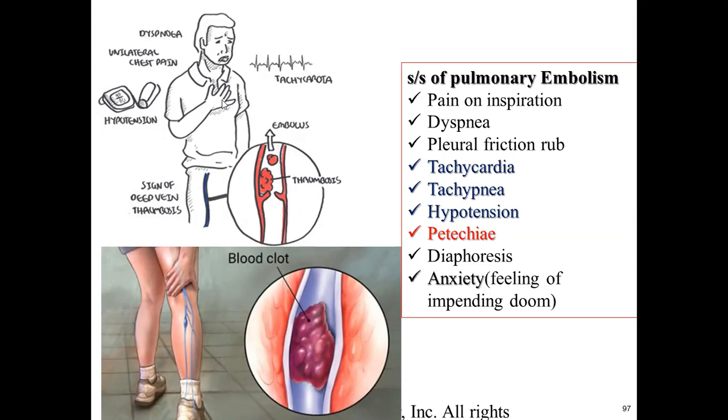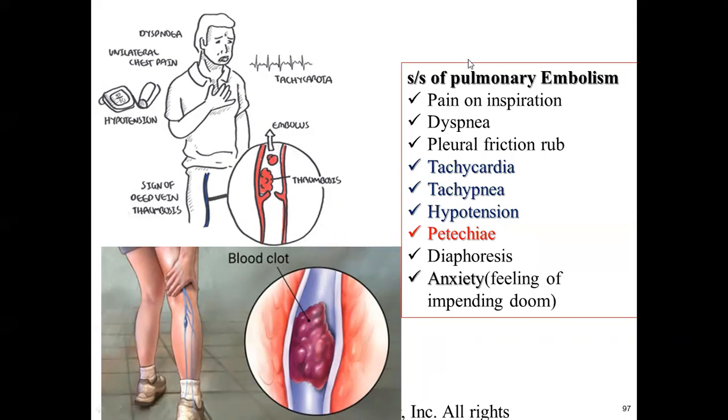All of these complications make the patient anxious and restless, and they may even develop hemoptysis. So you see the blood clot starts from deep vein thrombosis, then travels to the lungs.